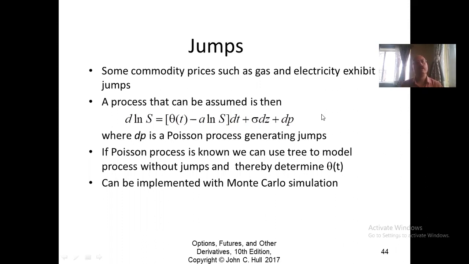But for now, it suffices to say that for some time we will only work with this sigma dz part, the nice Brownian motion source of error, and do the corresponding integration, etc. But there is a more general model which allows for jumps in the financial asset prices.